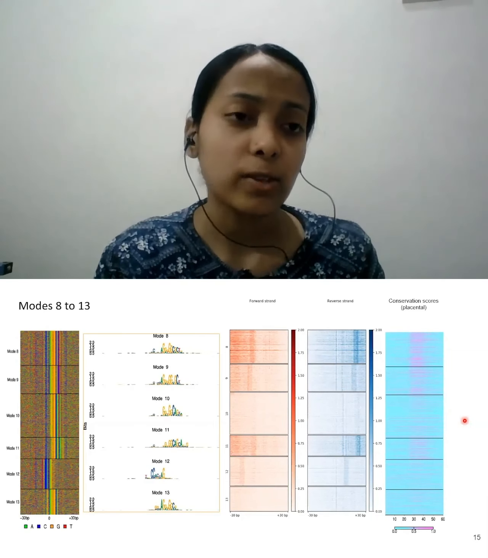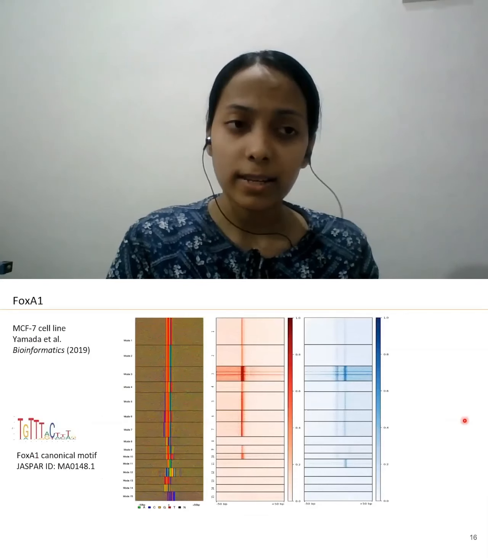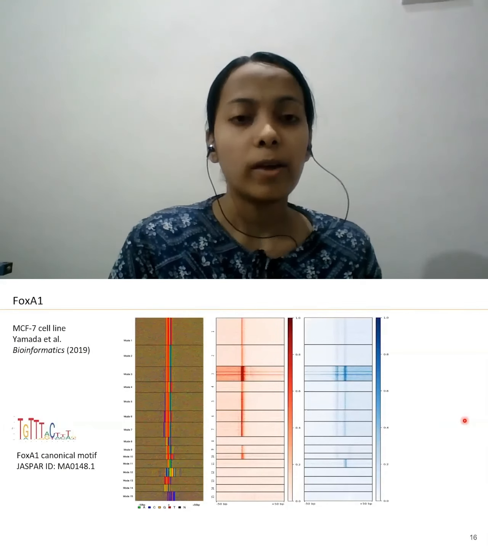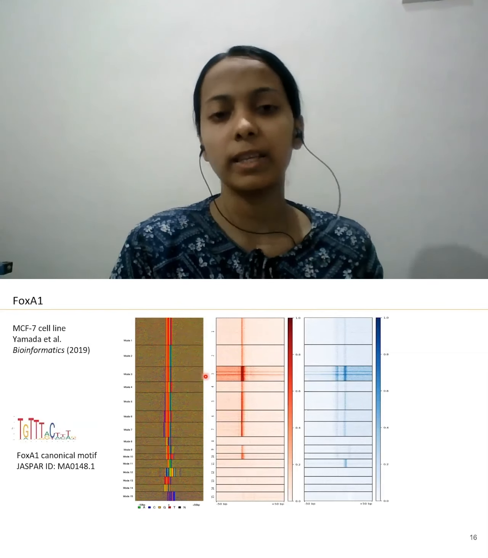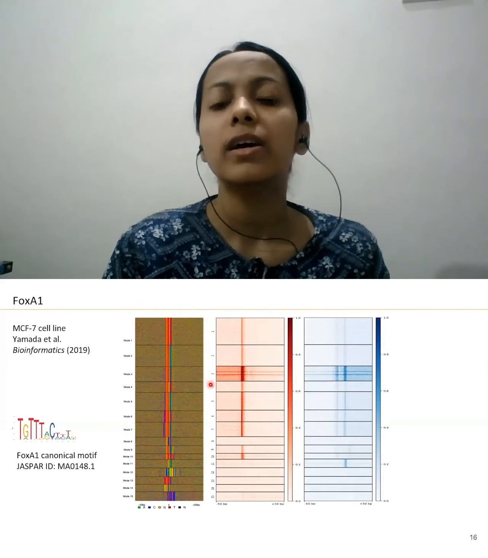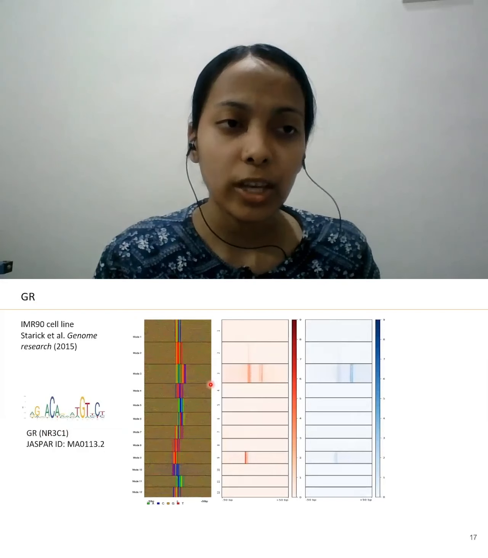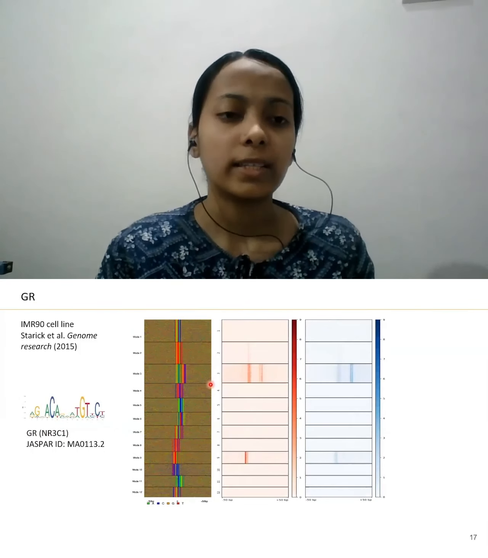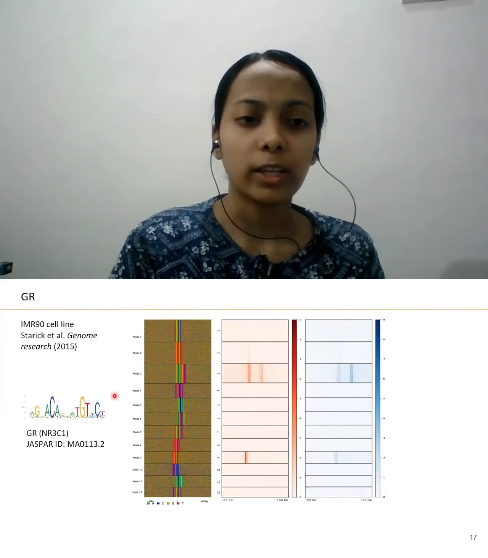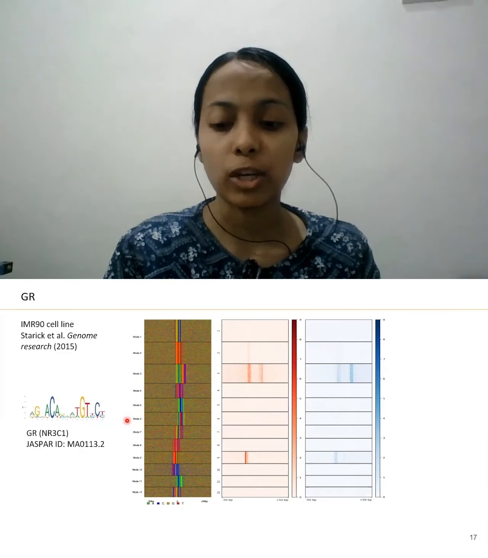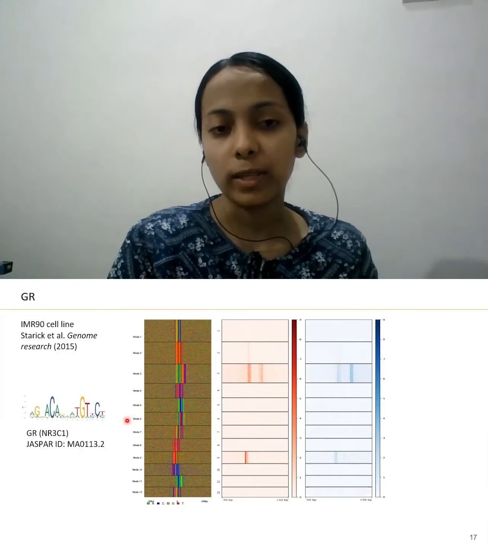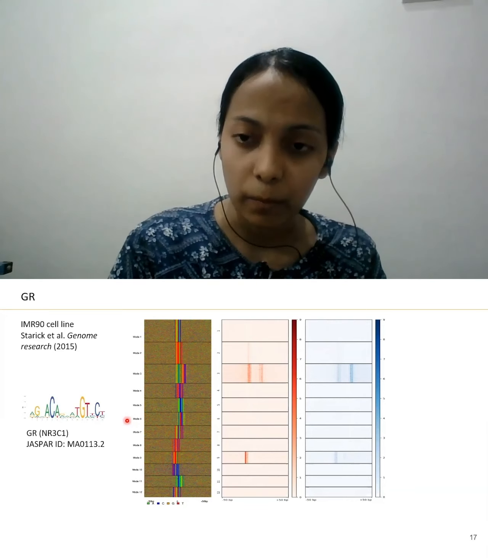So we ran ExoDiversity on some other data sets. This is for FOXA1, where we again see the modes come up with very small differences, but they have differences in the read distributions. In the GR dataset, we saw that only mode 3 corresponds to the canonical GR motif. All others have different motifs which are of different TFs. They might be doing some cooperative binding with GR.